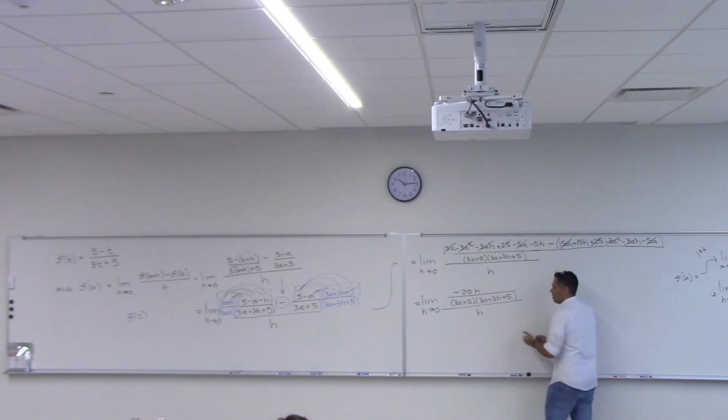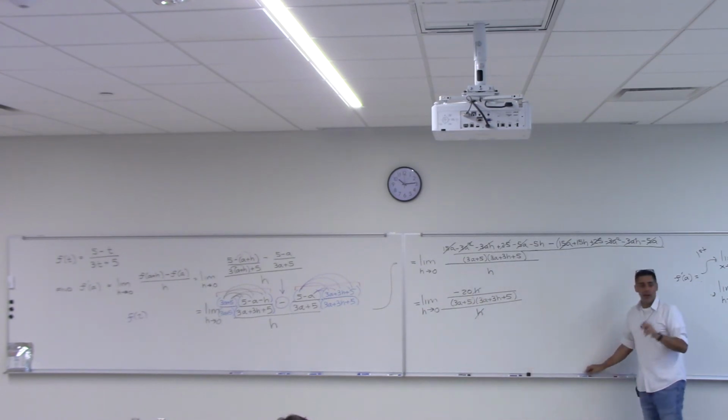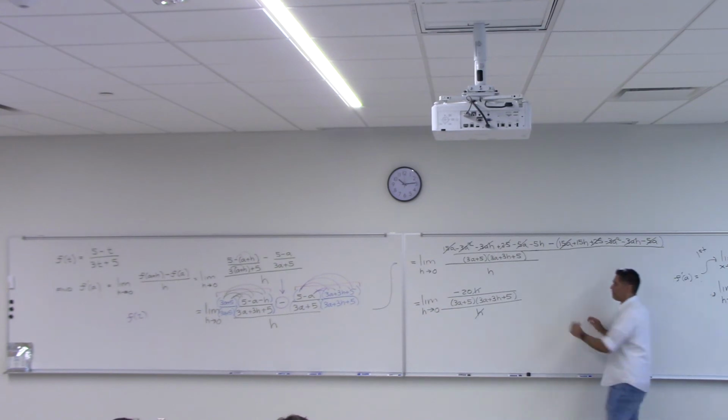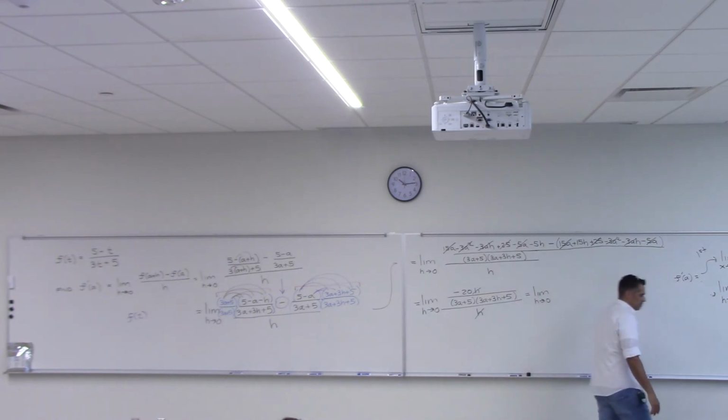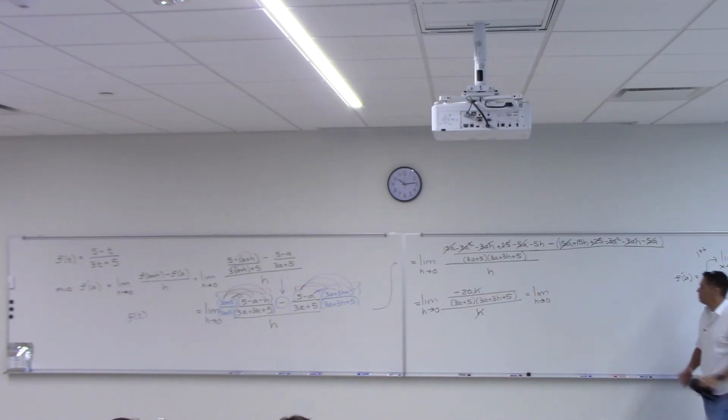And those h's can now go away. And now I let my h go to 0. I'm sorry, I'm letting it go to 0 already. I don't know why I wrote that down.